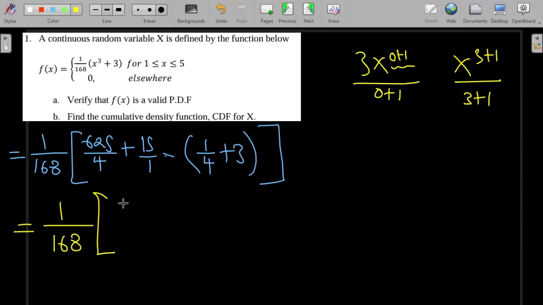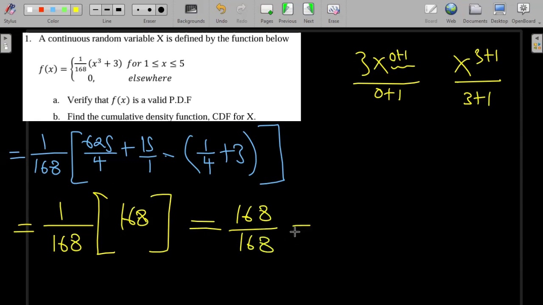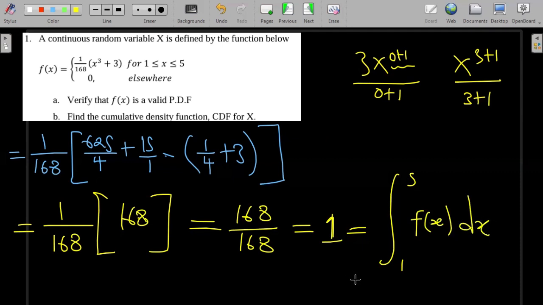This gives me 168. So 168 multiplied by 1 over 168 is just 1. So we see that the integral from 1 to 5 of f of x dx has integrated to 1.